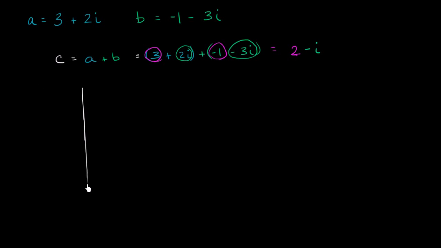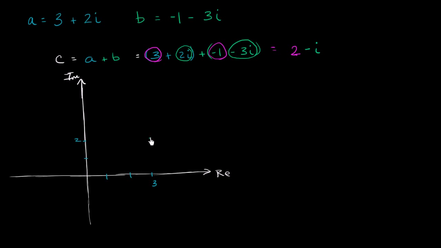In an Argand diagram, we represent each of these complex numbers as vectors on the complex plane. So that's our imaginary axis. This is our real axis. And a is 3 plus 2i. So 1, 2, 3 along the real axis, and then 2 along the imaginary axis. The imaginary part is 2i.